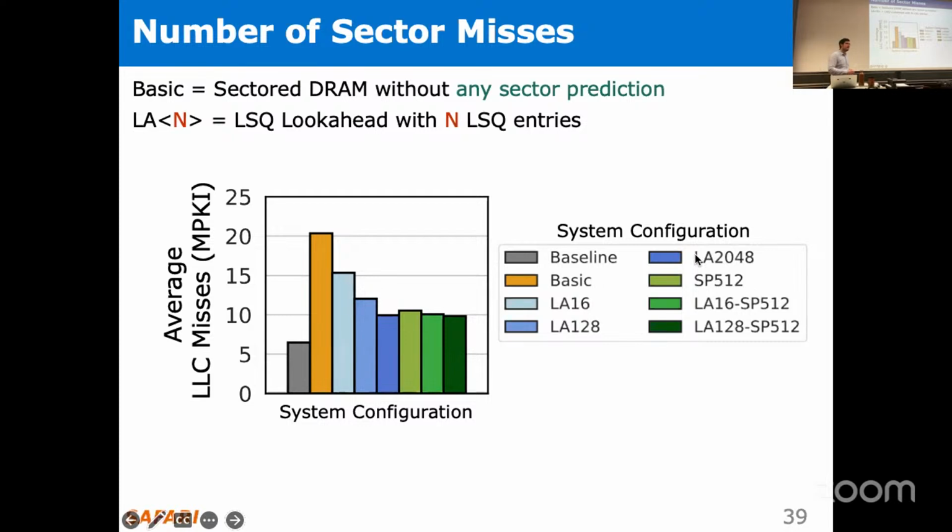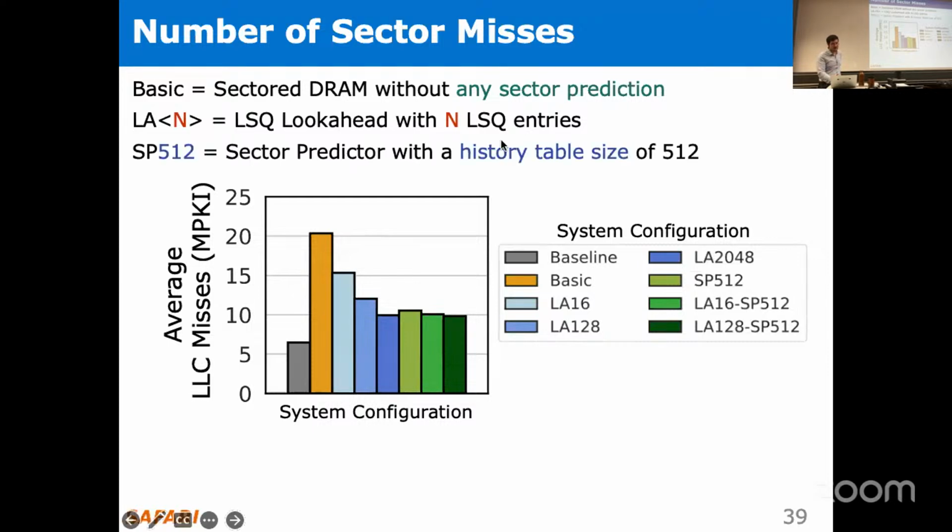So that's like a limit study almost. SP512 is the sector predictor with a history table size of 512. And sector DRAM with no prediction here significantly increases the last level cache misses you have by 3 times almost.